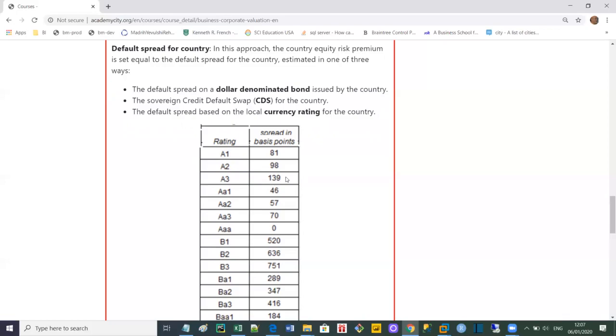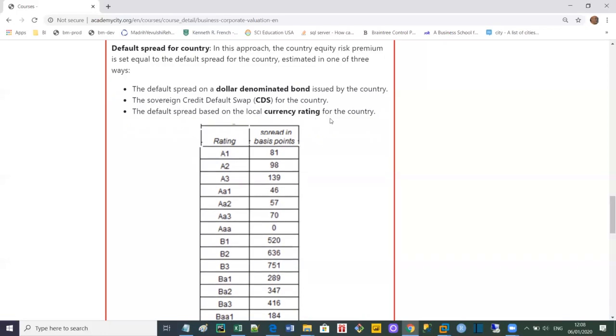I also made it easy for you, so you can choose the country and then it does the whole work automatically. It looks up the rating automatically and pulls up the spread that you're supposed to use, and I will show it in a minute. That's the third method.